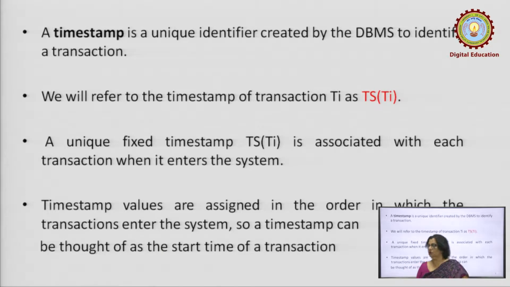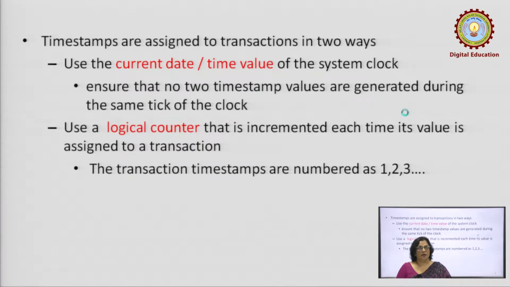We will refer to the timestamp of the transaction as TS(Ti), where TS stands for timestamp and Ti is the transaction we are talking of. Timestamp values are assigned to the transactions in the order in which they enter the system. So, we can say that the timestamp is the starting time of the transaction.